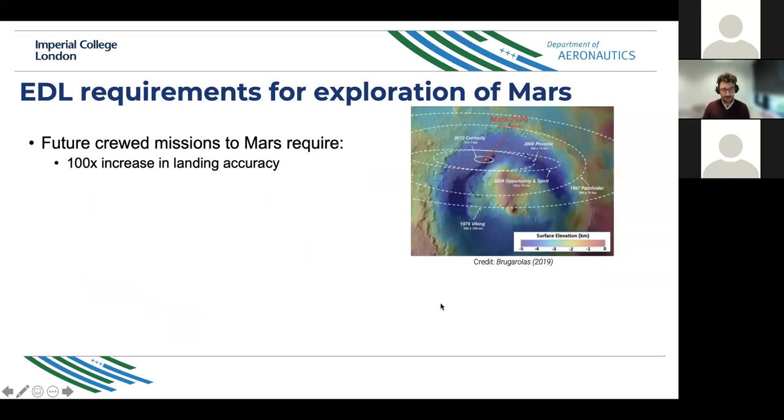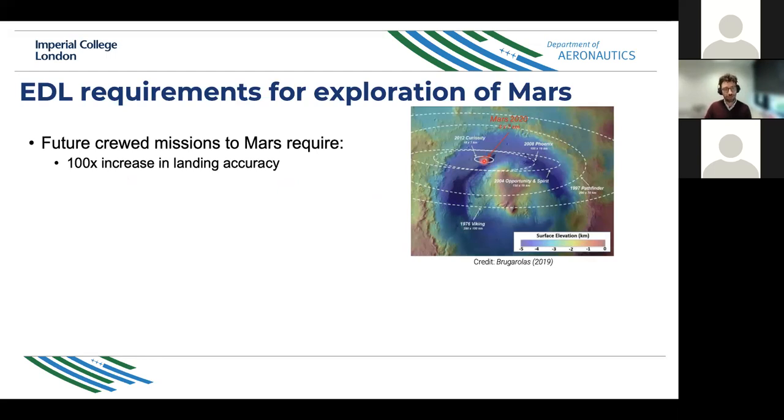Now, Mars 2020 is the present. For the future, if we want eventually to enable crewed missions to Mars, so in preparation or to carry astronauts to Mars, for instance, we will need a 100 times increase in landing accuracy, which at the moment is around 8 kilometers, maybe a little less, maybe 5 or 6.